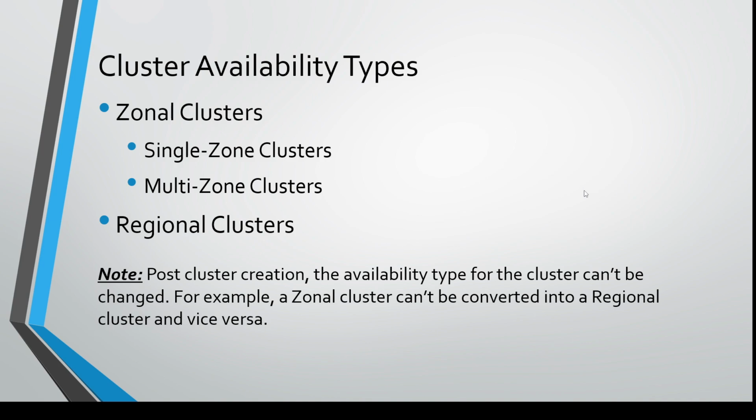In both cases, you can't convert them to the other availability type once the cluster is created. Single zone and multi-zone clusters can be converted between each other. The difference is mainly based on the node pool availability type. So you can have this conversion, but you can't have zonal to regional cluster conversion.